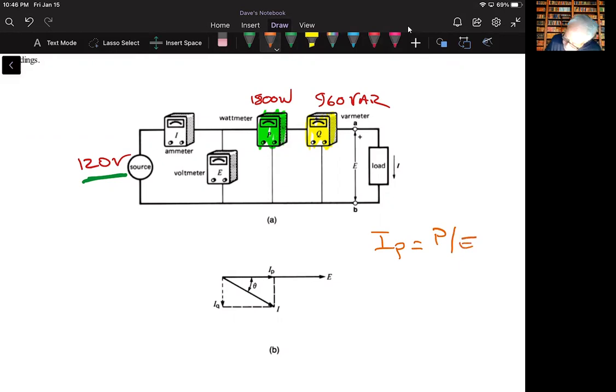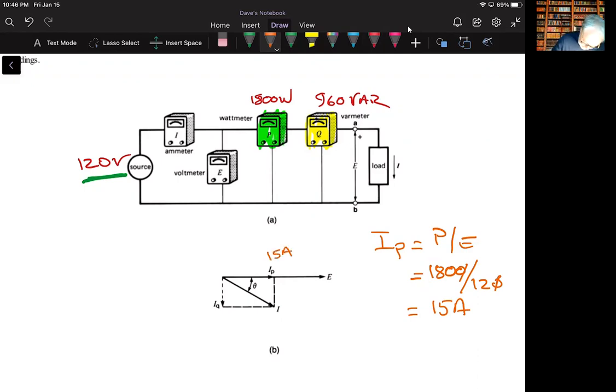So I think I can figure that out. It's 1800 watts divided by 120 volts, and that's going to come out to be, for this particular problem, an active current of 15 amps, okay? So the current here would be 15 amps.